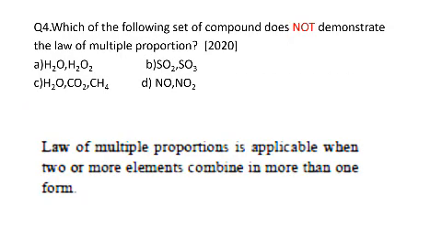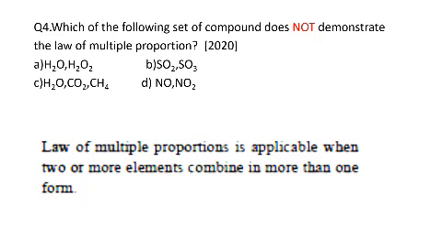Our next question is, which of the following set of compounds does not demonstrate the law of multiple proportion? According to the law of multiple proportion, what we'll learn is that two or more elements should combine and their forms should be different. In option A, the hydrogen amount is the same and oxygen varies.